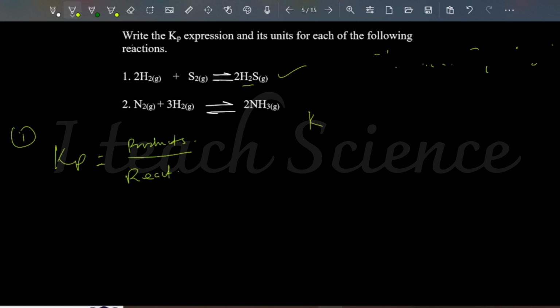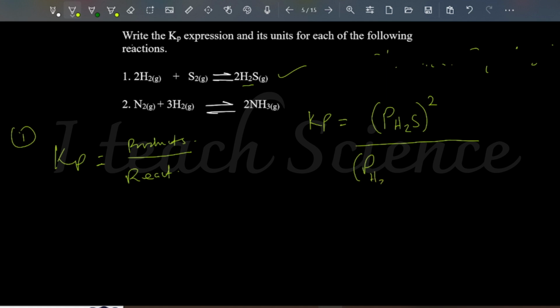So to write the Kp expression for this one, we say the partial pressure of the product, which is H2S, raised to the power of its stoichiometric number, which is 2, that is the number of moles, all divided by the partial pressure of the reactants.